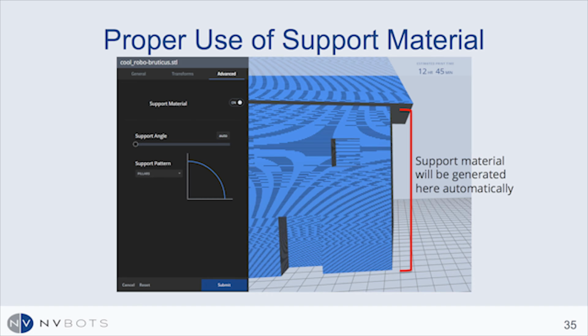So just like we asked before, will support material be generated? You can see right there where we have that overhang, support material will be generated automatically if we leave that on the automatic setting, which I always recommend. I would say keep that on automatic unless you really know what you're doing and you have a really good reason to not have it on automatic.